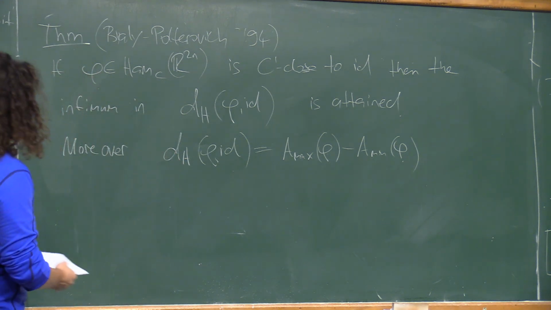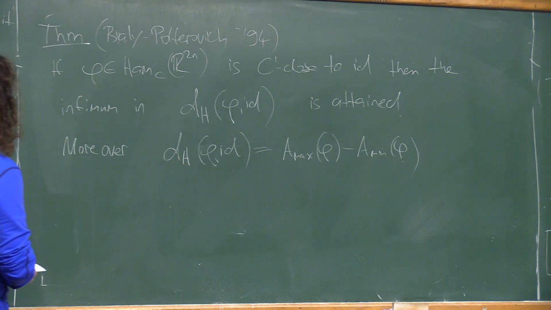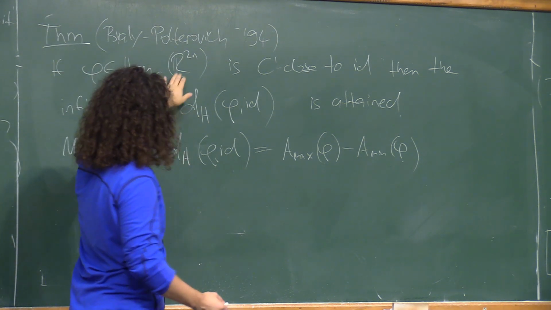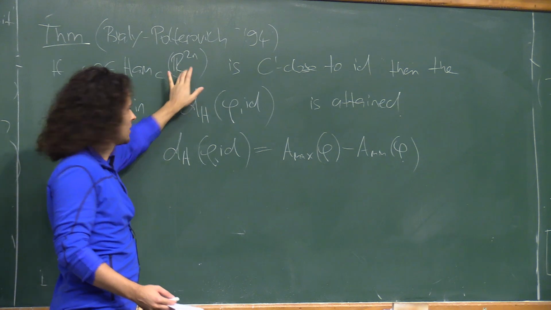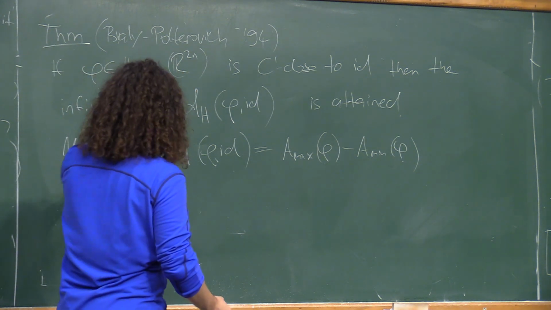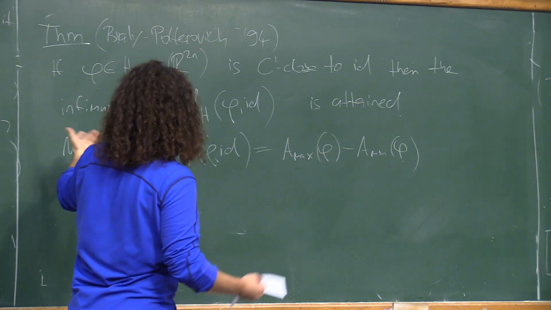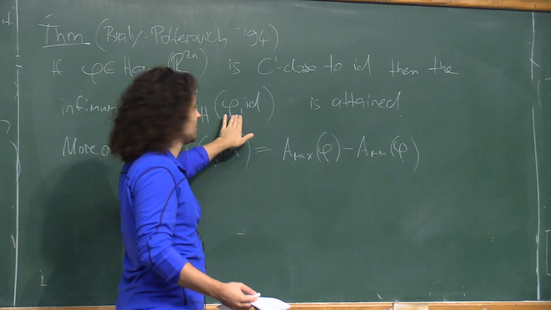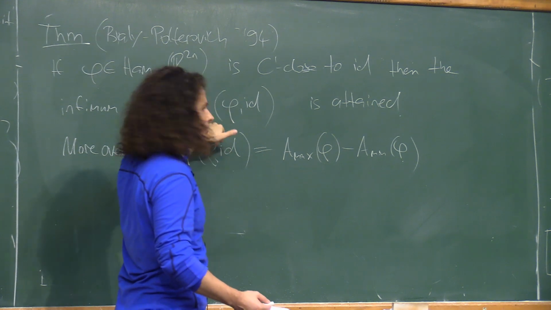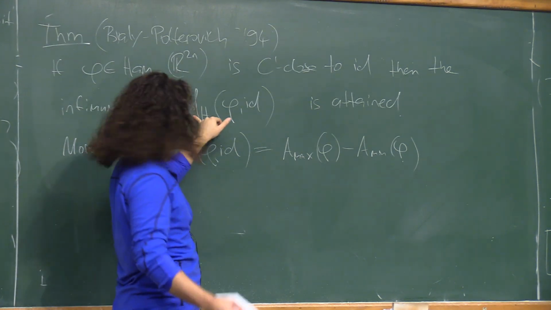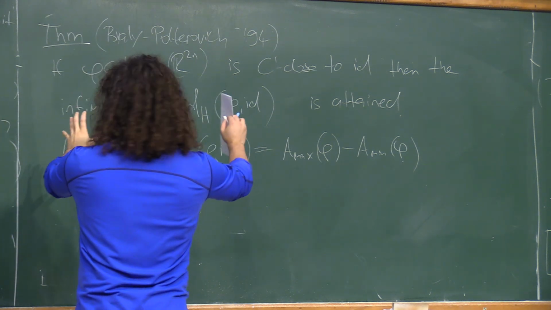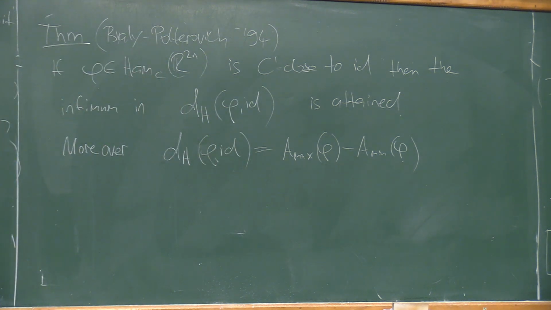So this is a very classical result, and that's for R2n. There's work of McDuff and Lalonde that works for more general symplectic manifolds. Another thing I can conclude here is that there is a minimizing geodesic from the identity to phi, simply generated by this Hamiltonian that is achieving the infimum. I stated this result on purpose in this form so it looks very similar to this result.